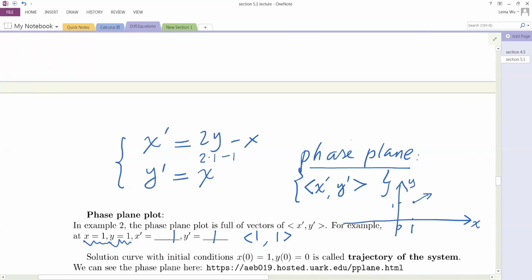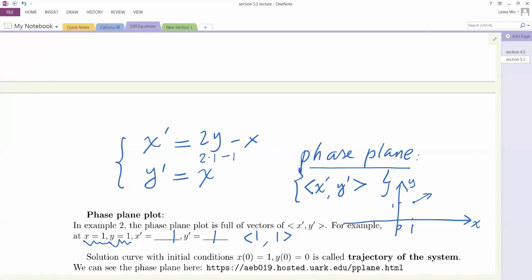Now let me show you. From this website, you can generate a phase plane. Let's see, where's my phase plane? It's blocking here. Okay, so this is the website you can go to for the phase plane. I entered x prime equals 2y minus x, and y prime equals x.